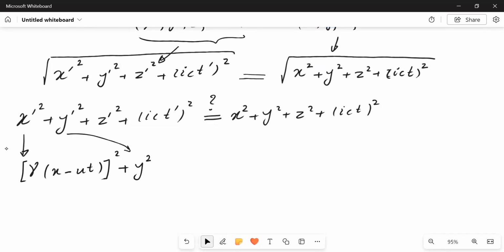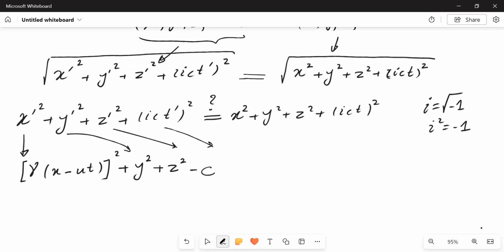And then likewise, z prime would be the same as z. And then (i c t prime) squared, well, i squared is minus 1, right? You know that i is the square root of -1, so i squared turns out to be minus 1. And then c squared, and then t prime squared.